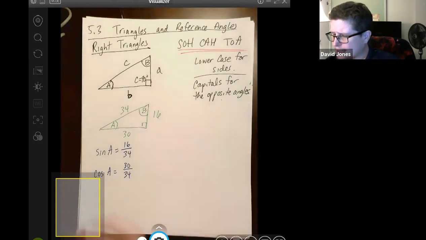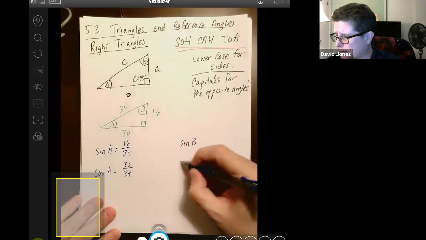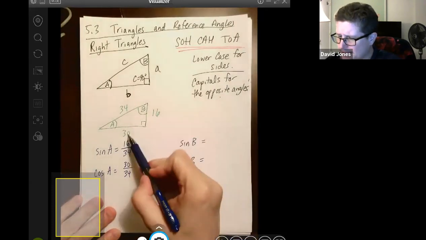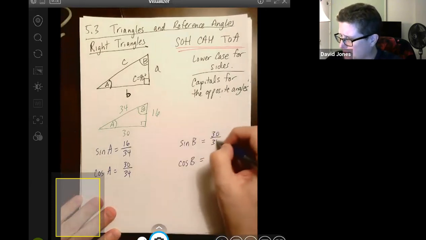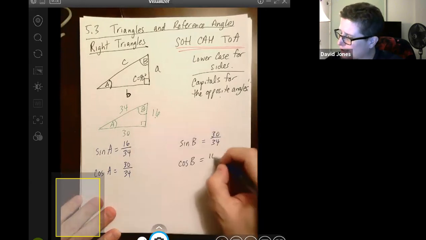If we look at sine of B and cosine of B, for B the opposite is 30, the hypotenuse is 34. And adjacent for B is 16, the hypotenuse is 34.